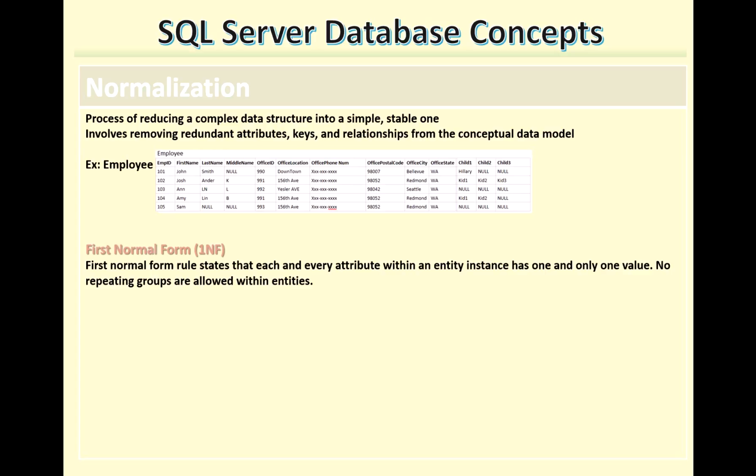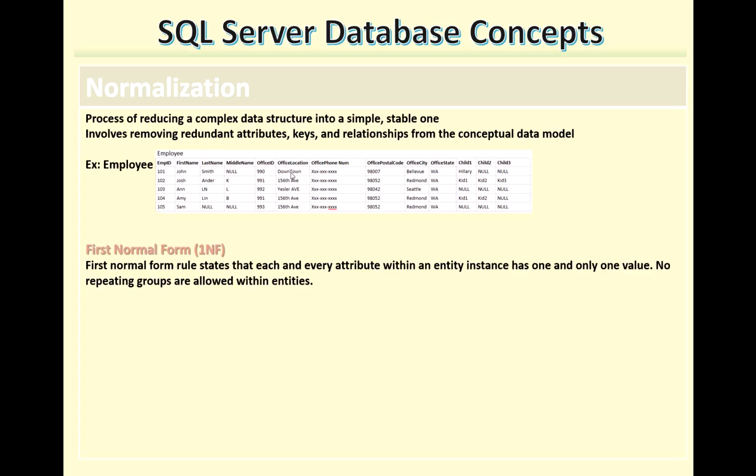The first normalization form. What does the first normalization form say? It says that each and every attribute within an entity instance has one and only one value. So no repeating groups. That means if there are any repeating groups, take them out as a separate table. So what is a repeating group in this table?